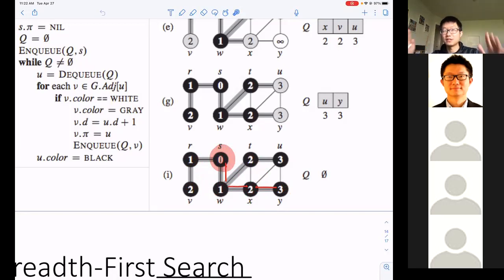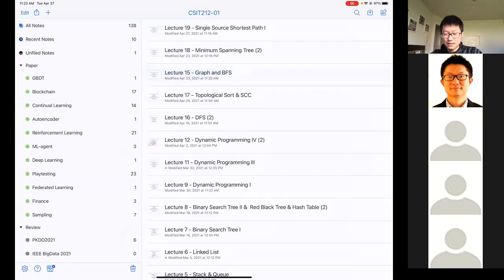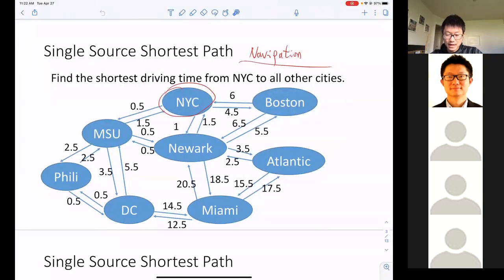We need to travel the same distance for each edge. But in single source shortest path, the input graph is weighted. So it means that even though they're giving 2 different roads or 2 different edges, they may have different meanings. Say road A takes 1 hour, whereas road B takes 3 hours. So we need to differentiate them.